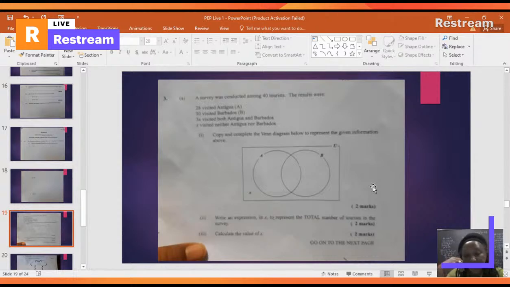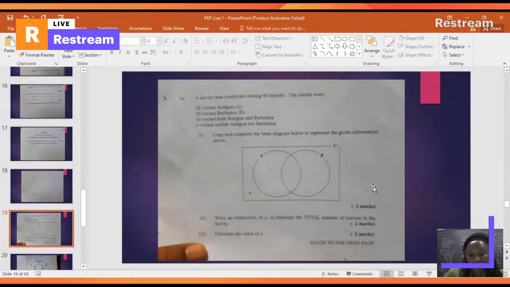So the first part of the question wanted us to write an expression in terms of x for the total. So it will be the 28 minus 3x plus the 3x in the intersection plus the 30 minus 3x plus the x that didn't go to either one. When we simplify that expression, we get 58 minus 2x.